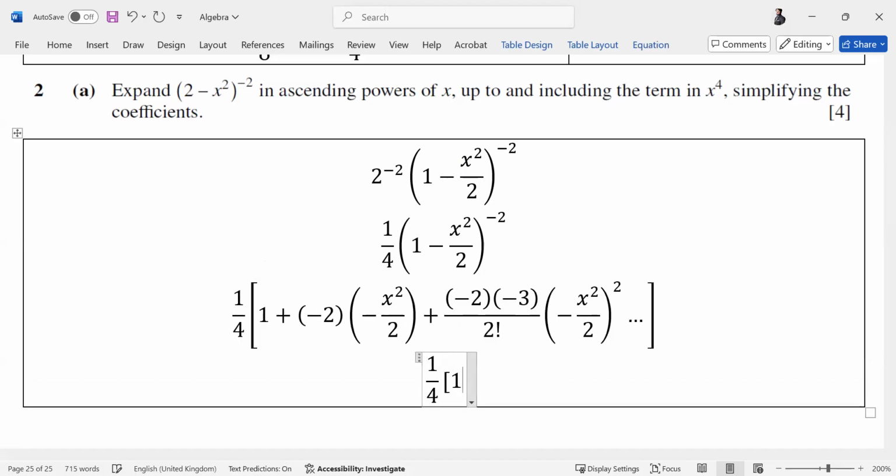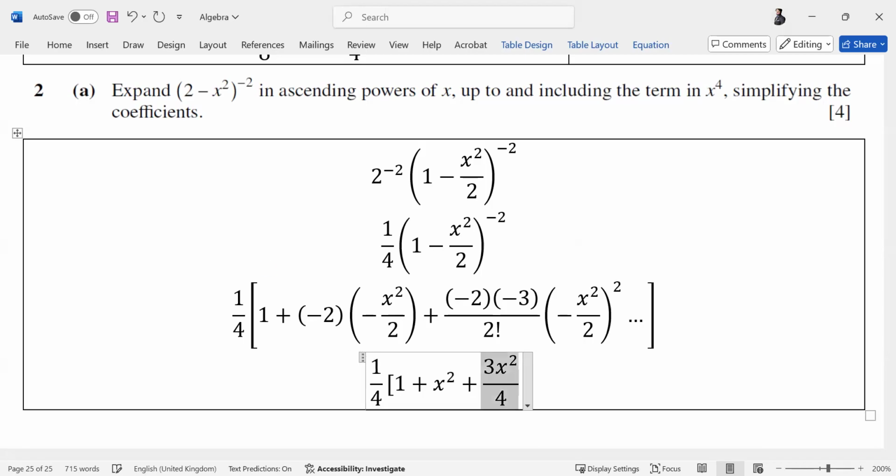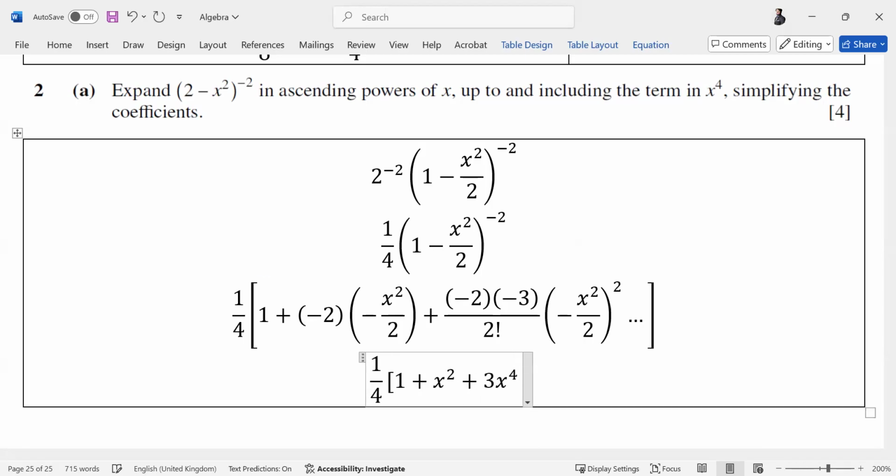So 1 plus x square plus 3x square, sorry, 3x.